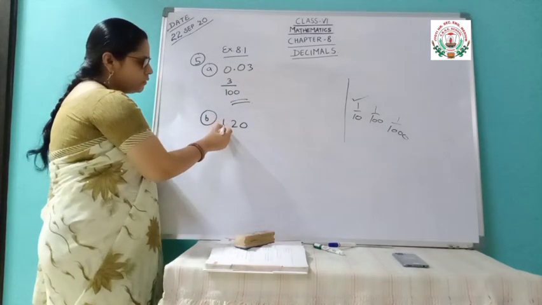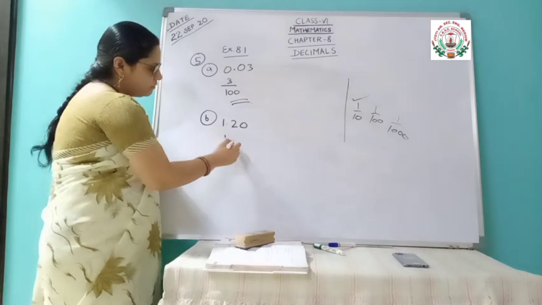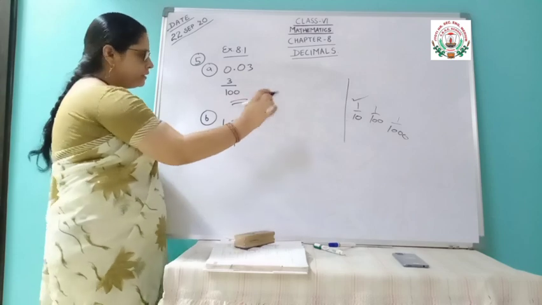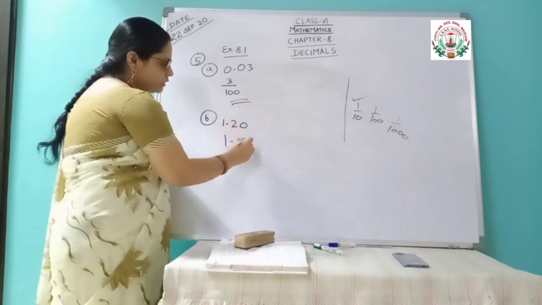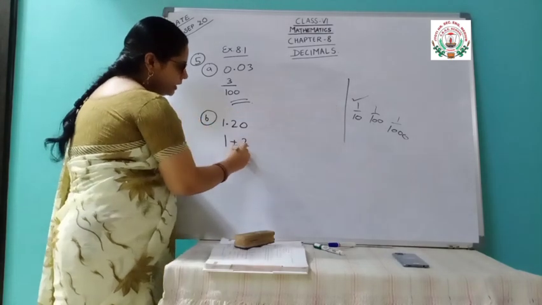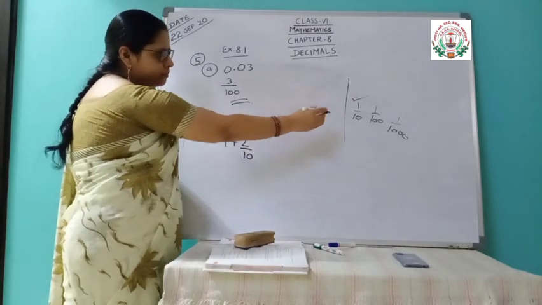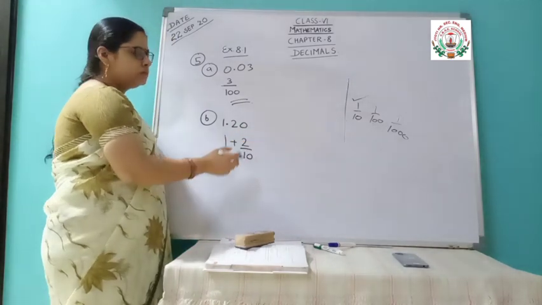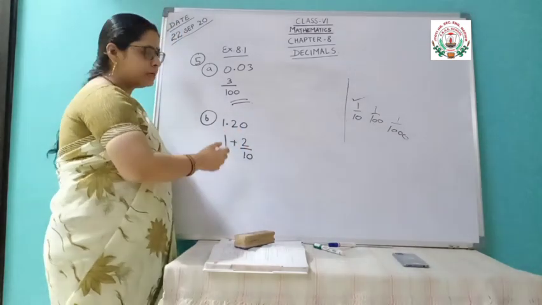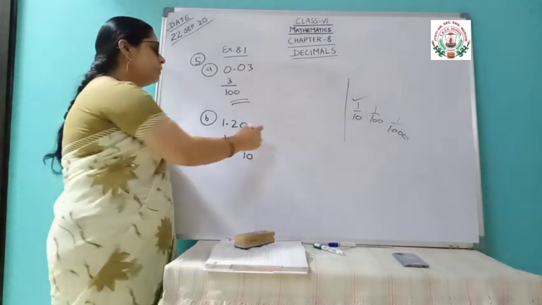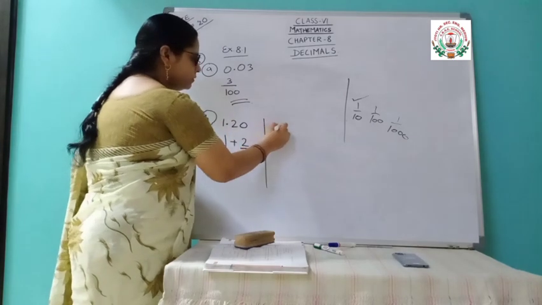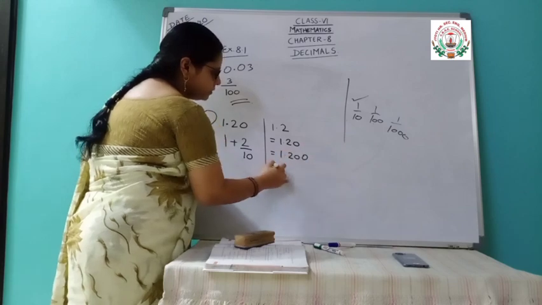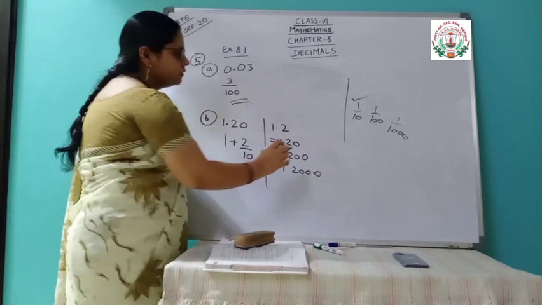Now next one, the whole number part is having 1. So you will write here 1. Then decimal. So plus, and now divided by 10, 100 and so on it will go. First digit is 2, and the first digit is having by 10, and second digit will have by 100. But here it is 0. No need to write that. You just leave it. Now you will say how we will understand whether it is 1.2 or 1.20. Now listen. 1.2 you can write as 1.20 also. You can write 1.200 also, 1.20000 also.